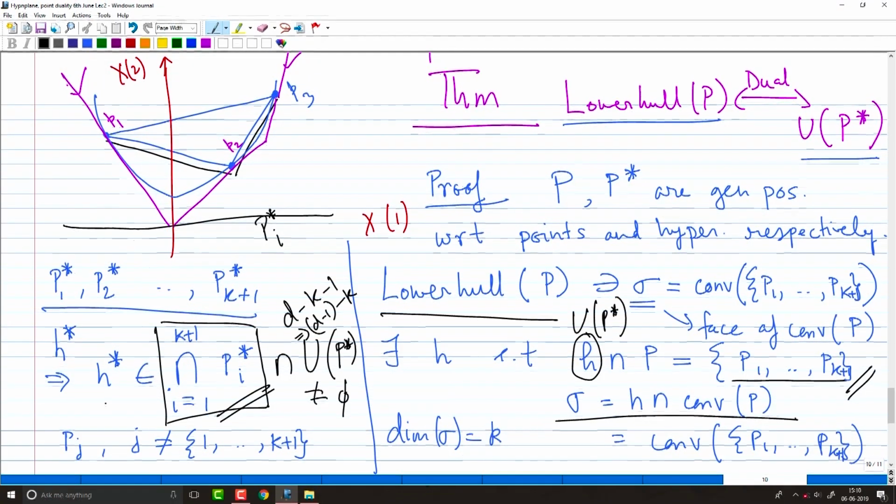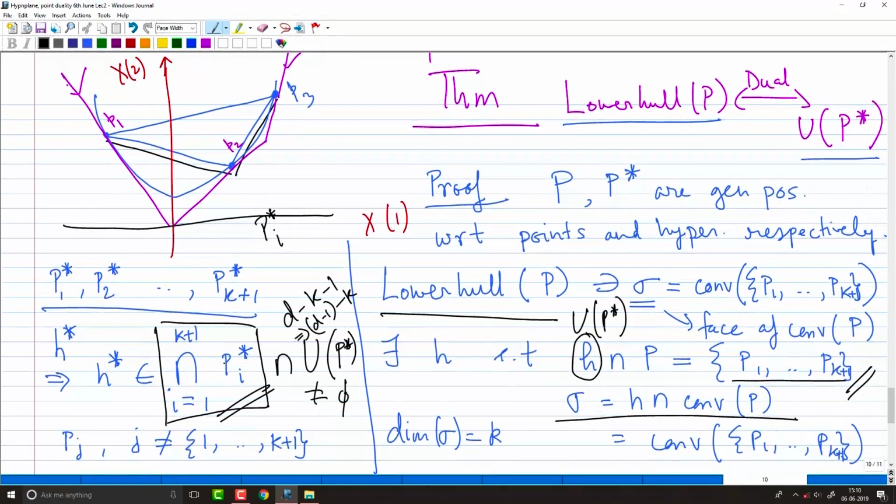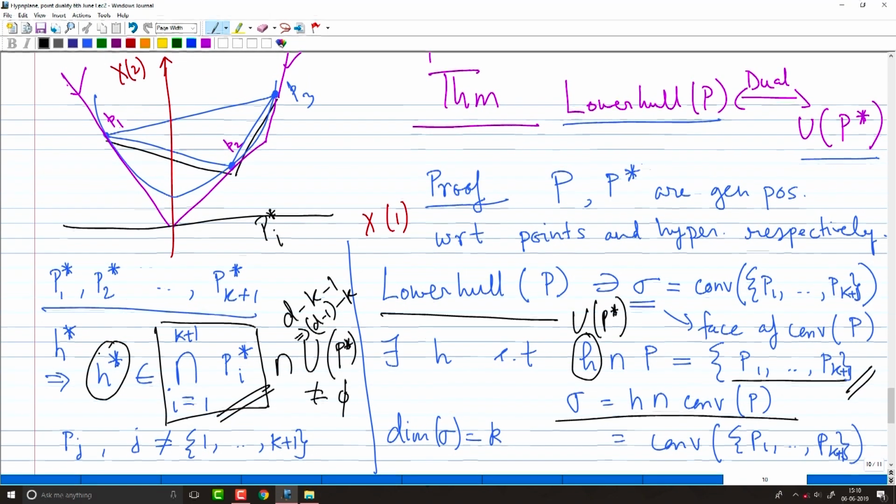But see, just because H star belongs to this, that does not mean this intersection will generate a face in your upper envelope. It has to have a non-empty intersection with the upper envelope, right. So, what did we show? Actually, H star lies on the upper side of all Pj star, the positive side of Pj star.